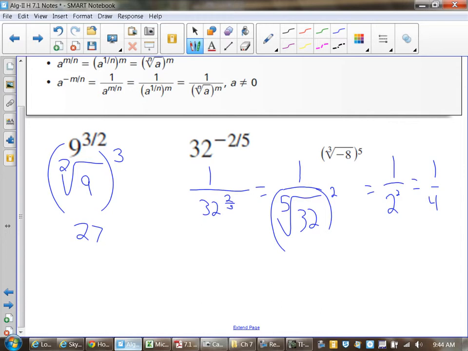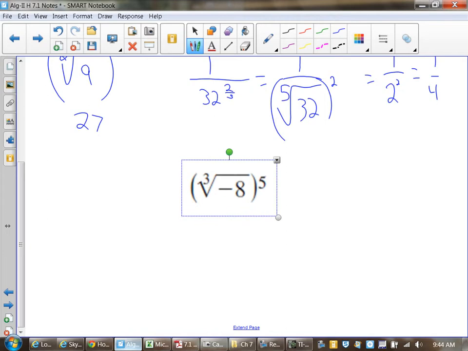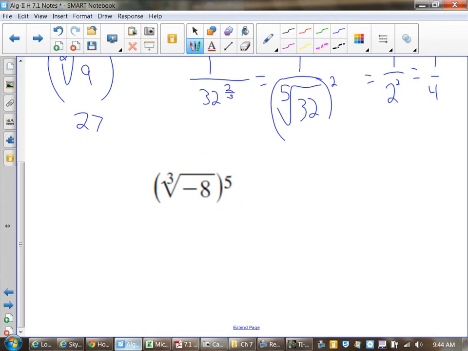Let's go the other way. Well, we'll rewrite this in a second. This is saying the cube root of negative 8 to the 5th power.